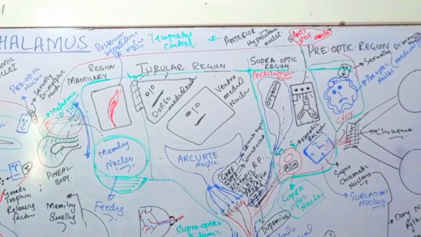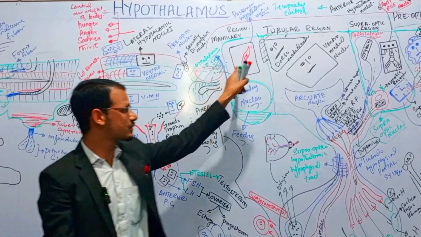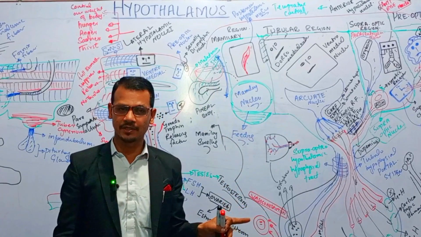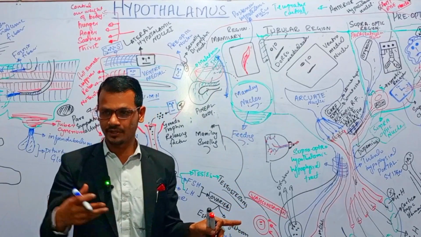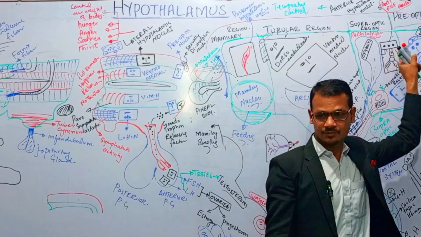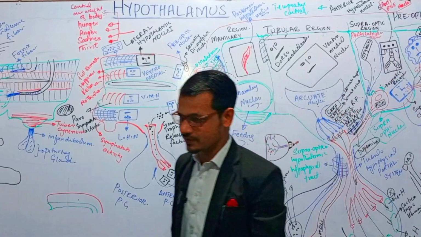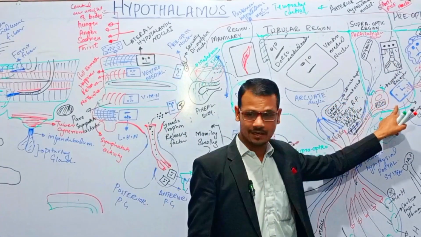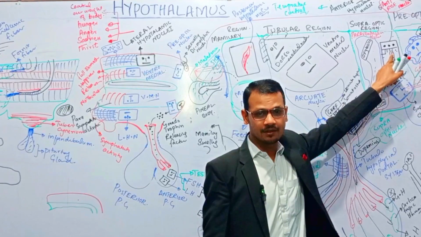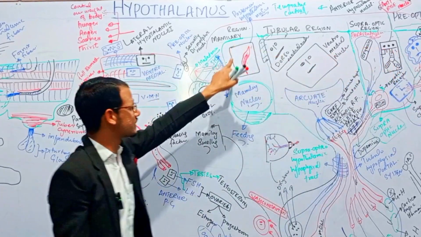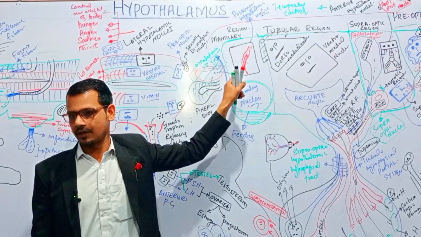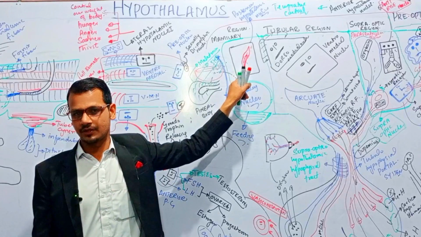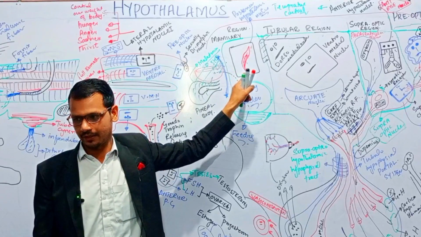When our body temperature is decreasing, this nuclei is responsible for increasing that temperature, and when our body temperature is increasing, this nuclei is responsible for decreasing that temperature. So this is the intrabiological clock, this is the intrabiological air conditioner, and this is the intrabiological heater of the body. The heat is controlled by this nuclei.